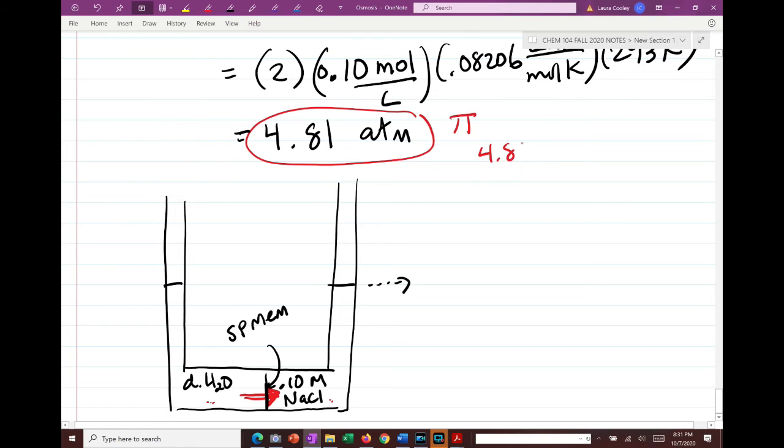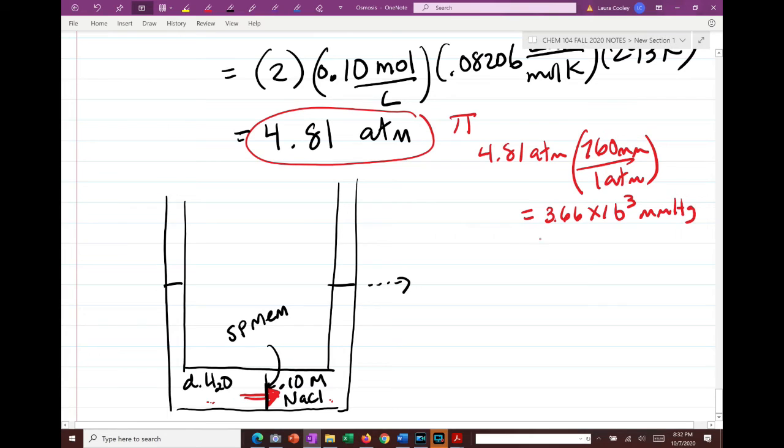First of all, if we were to convert this to millimeters of mercury, it would come out to 3.66 times 10 to the third millimeters of mercury. So 3660 torr. That means we would have a column of mercury 3660 millimeters, so 3.66 meters, high.